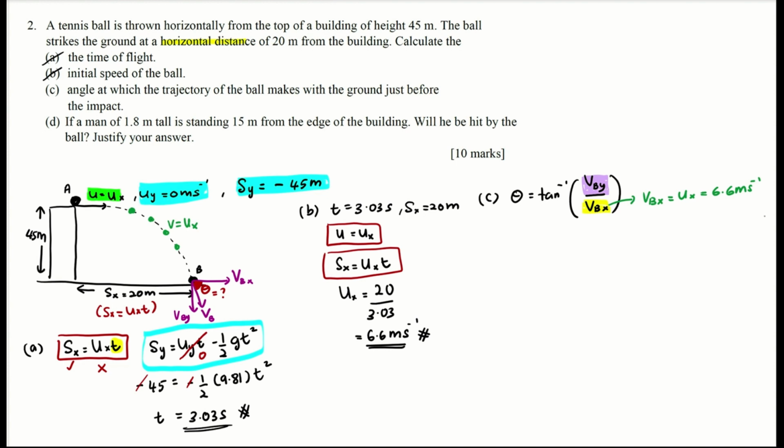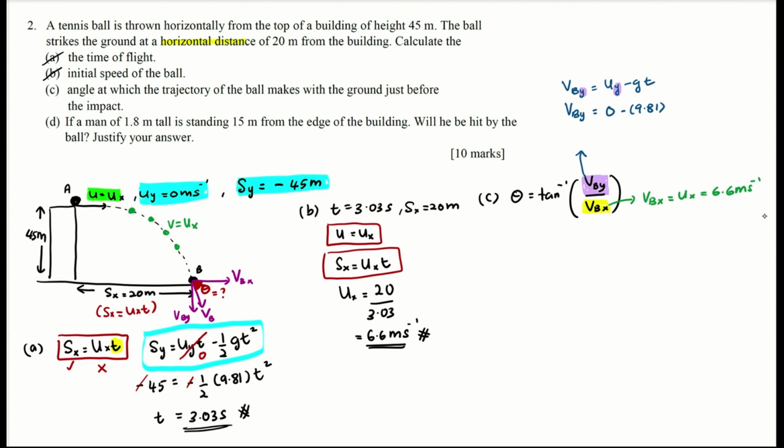So kita kena kira dahulu VBY, where VBY is equal to uy minus gt. So kalau semua awak guna y, pastikan sini adalah uy. Tak boleh masukkan ux. X untuk x, y untuk y. Jadi VBY is equal to uy is equal to 0 minus 9.81.